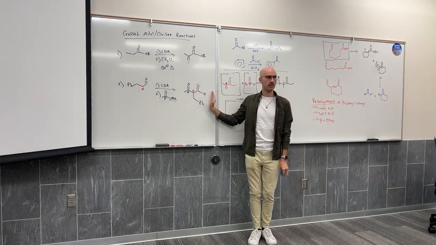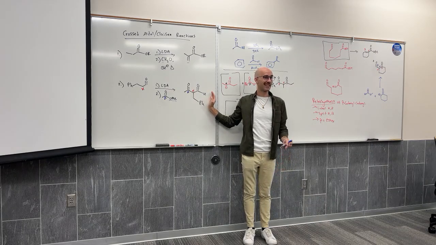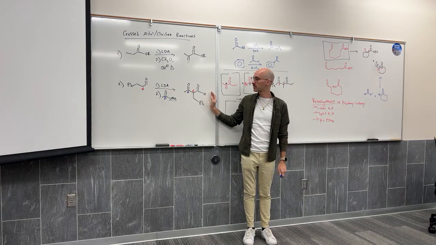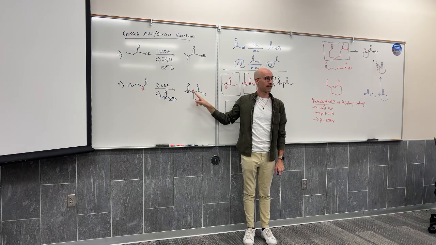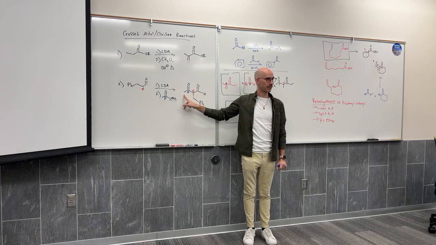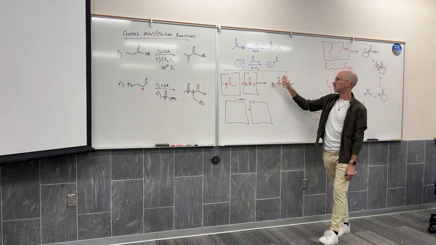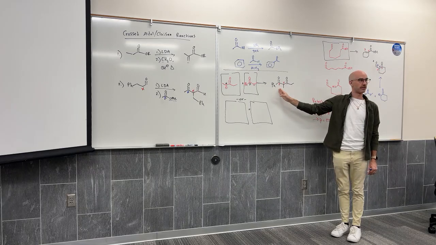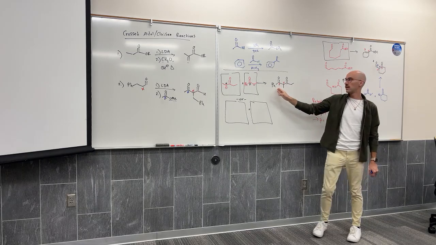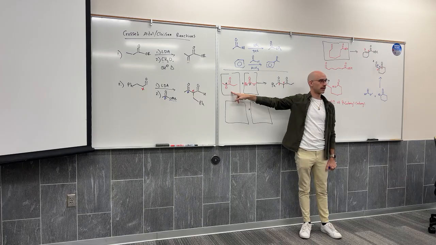I gave you this model, and I've been continuously giving you this model with Claisen type reactions, where the carbonyl on the right has the alpha carbon, and the carbonyl on the left has the beta carbon. And then you all just split that alpha-beta bond from right to left, and you get your ester, and you get your nucleophile.